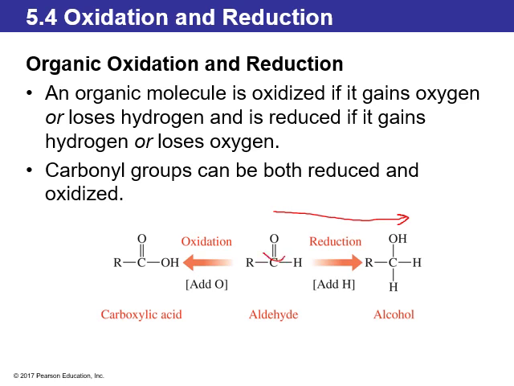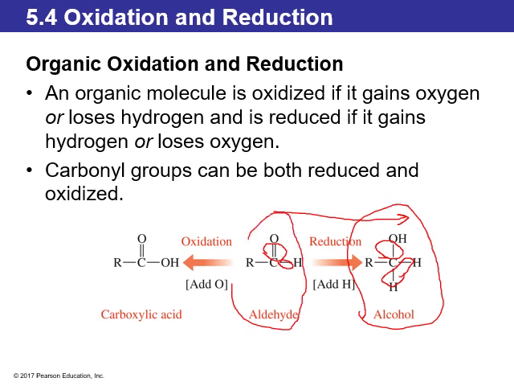Whereas we had 2 bonds to oxygen to start with, we only have 1 bond to oxygen now. We only had 1 bond to hydrogen, and now we've got 2 bonds to hydrogen. So that would be reduction. We've been reduced. This molecule is higher energy. There's more energy stored in this molecule than there was in this aldehyde.